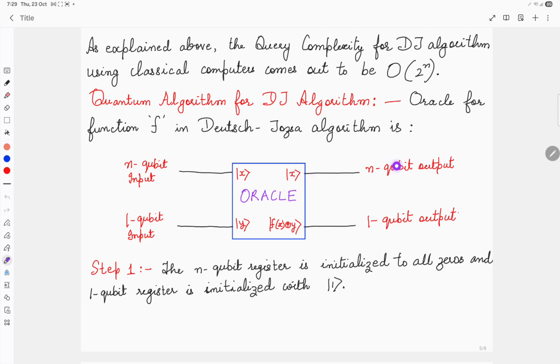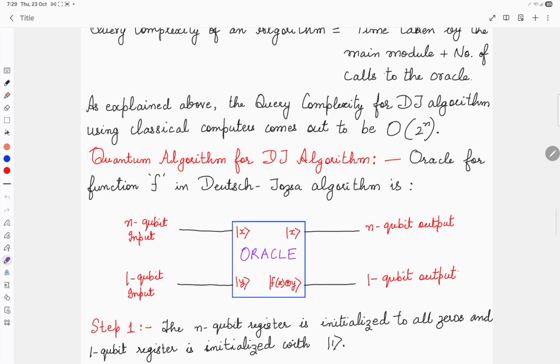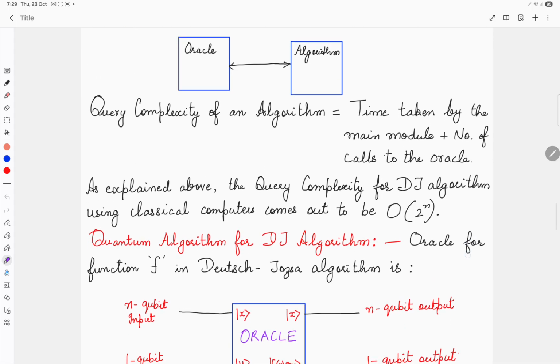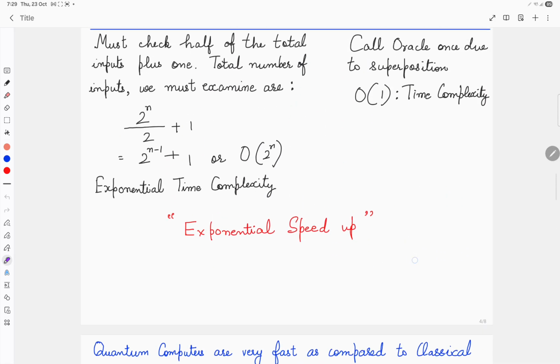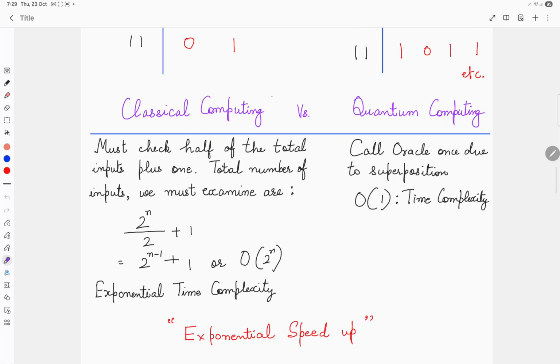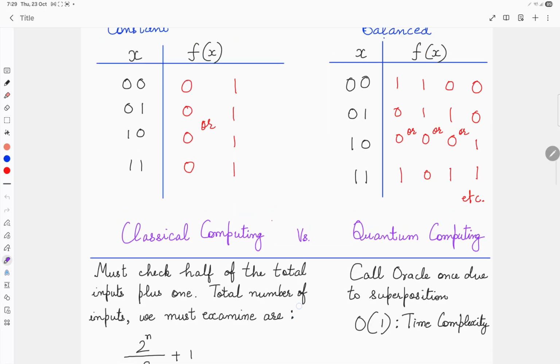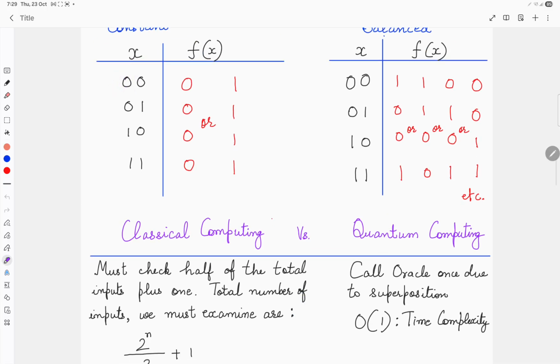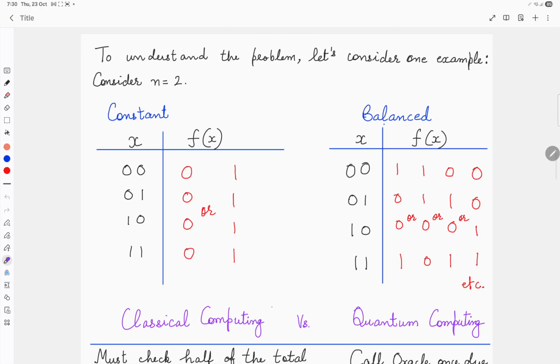One output is an n qubit output, the other output is only a 1 qubit output, right? Let us consider the case of the Deutsch Jozsa algorithm. The function has n qubits as the input and only 1 qubit as the output. We want to know whether the function is a constant function or a balanced function.